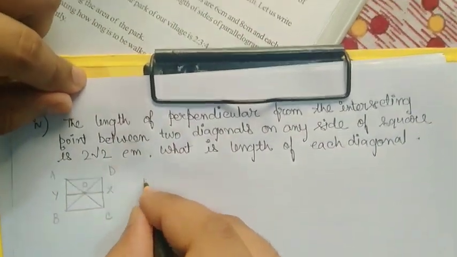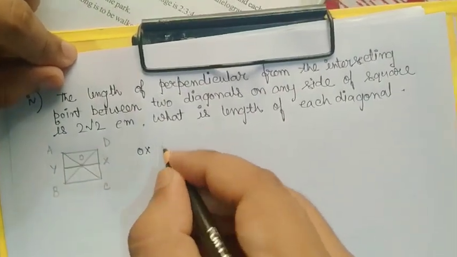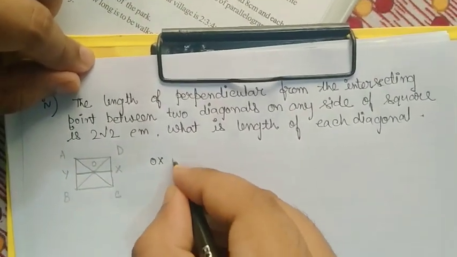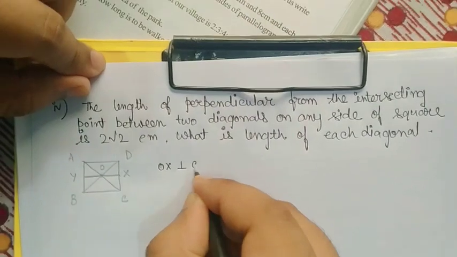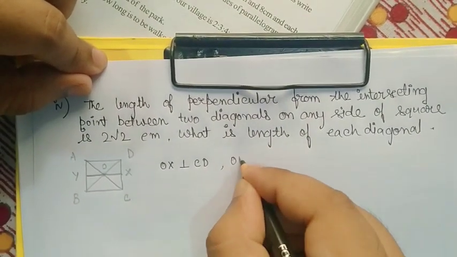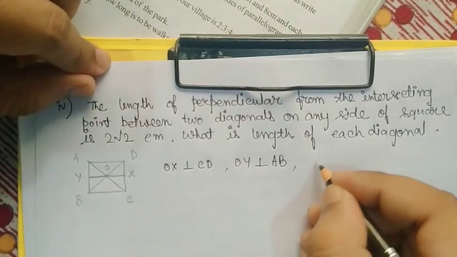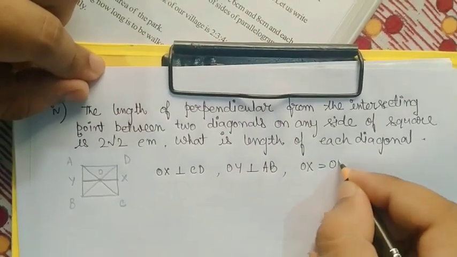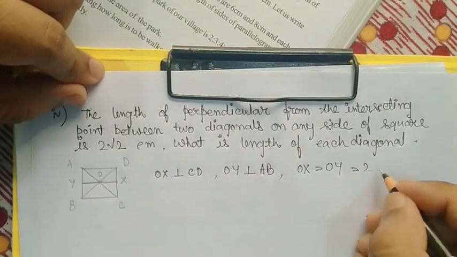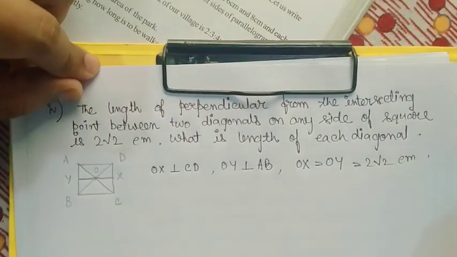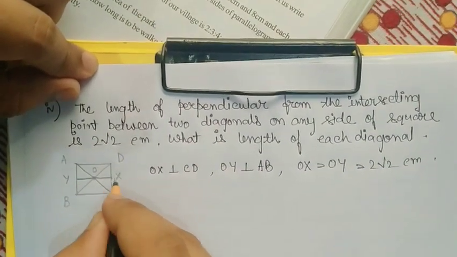In the question, given OX perpendicular on CD or OY perpendicular on AB, and OX equal to OY equal to 2 root 2 centimeter. So this is 2 root 2, this is also 2 root 2.